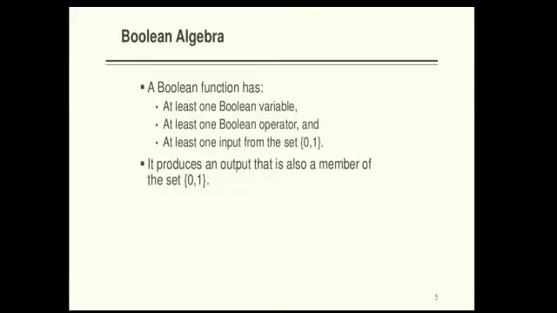A Boolean function has at least one Boolean variable, that is x, y, a, b, c, like in your algebra, at least one Boolean operator, that is logical plus, logical multiply as well as complement, and at least one input value of either 0 or 1, and the result, the output of that Boolean function, is also 0 or 1.